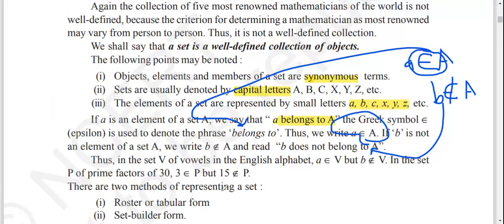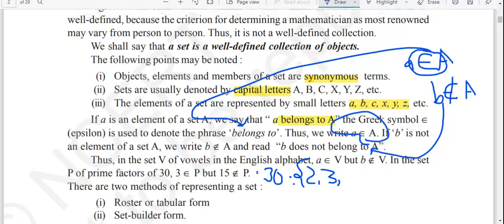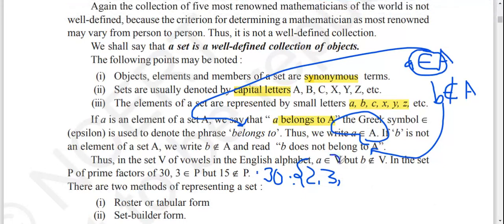So here the prime factors of 30 will be found. 1 cannot be called a prime because it is neither prime nor composite. 30 divided by 2, and 3 is also prime. 7 can't divide it. So 2 and 3 are the prime factors.